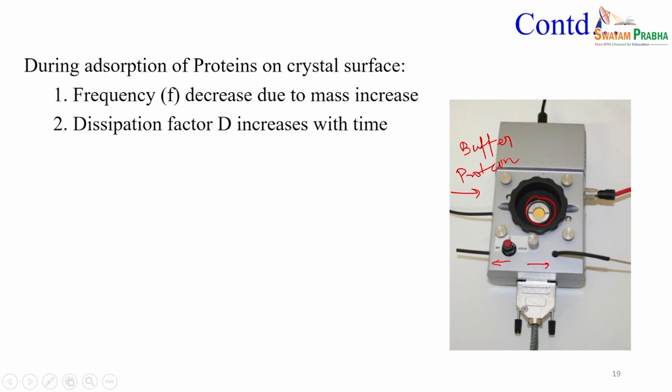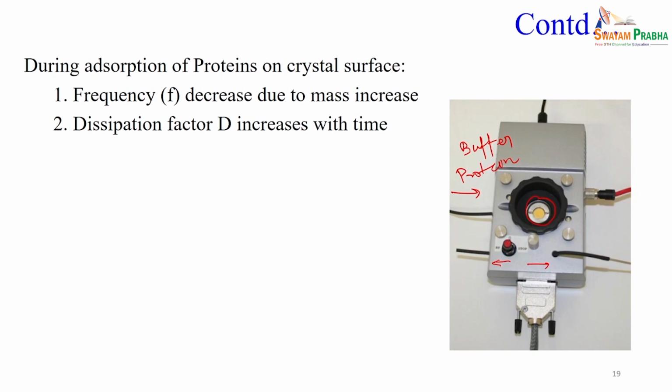So, this is a chamber which has a crystal. Over the chamber we are passing the solution, and we can analyze the protein adsorption in the static mode, or you can say equilibrium, or in the dynamic mode in the flow conditions.